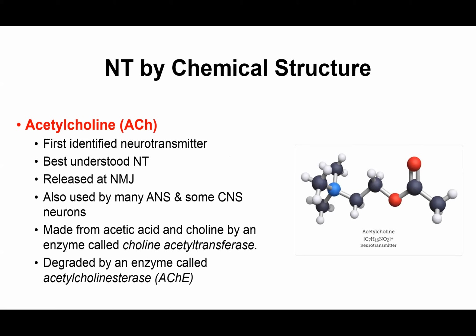Acetylcholine is made from acetic acid and choline. The enzyme that makes acetylcholine is called choline acetyltransferase. And acetylcholine gets broken down or degraded by an enzyme called acetylcholinesterase. So acetylcholinesterase is going to break acetylcholine down. I'm going to write out a quick little tidbit here to make what I'm saying easier to understand.